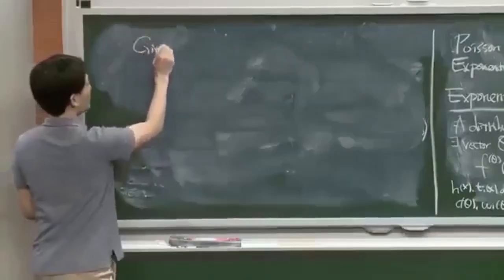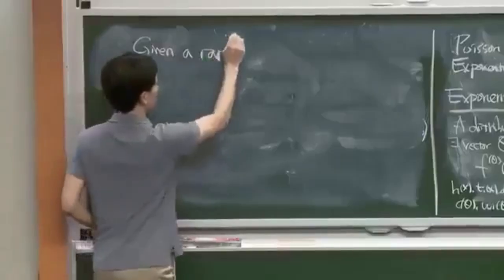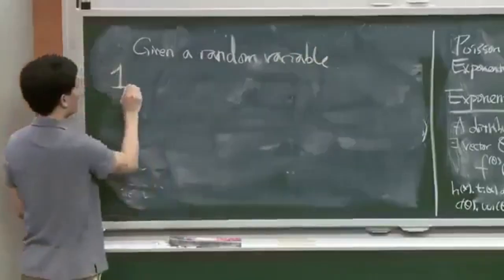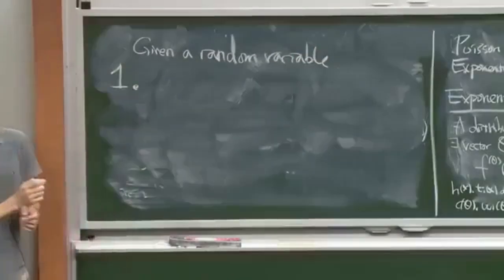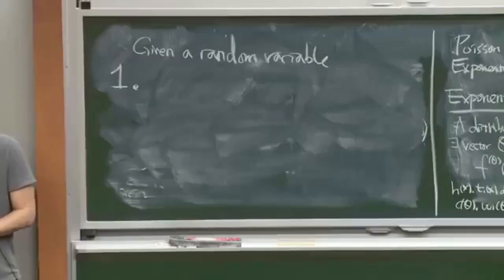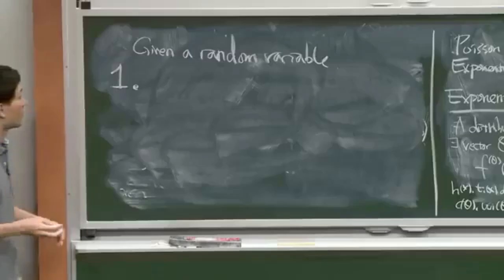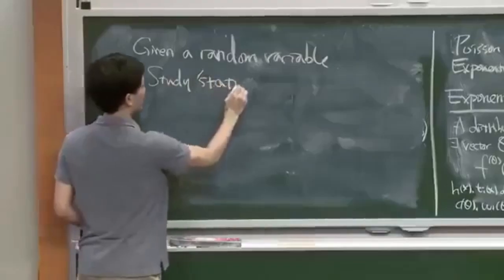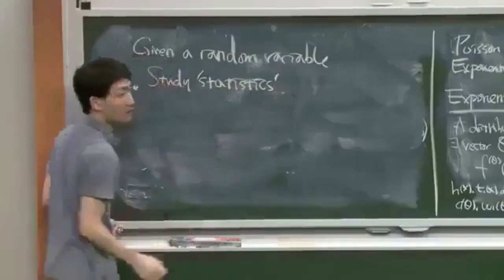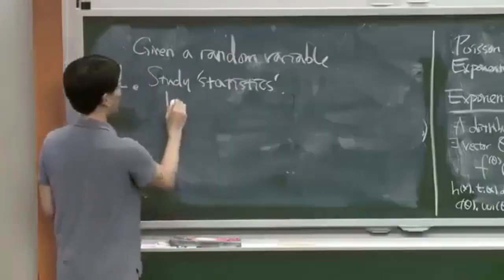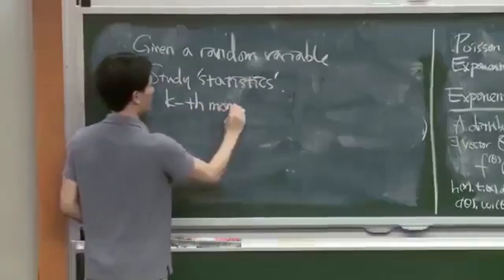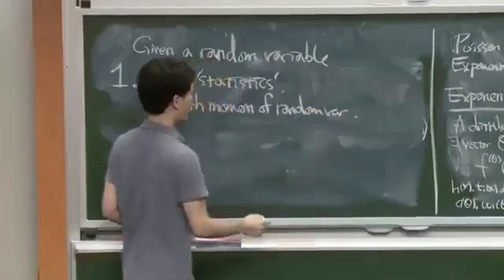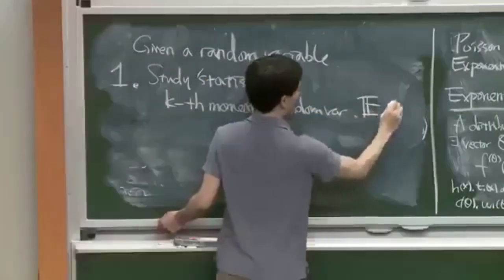Given a random variable, first, we want to study its statistics, whatever that means. And that will be represented by the k-th moments of the random variable. The k-th moment is defined as the expectation of X to the k.